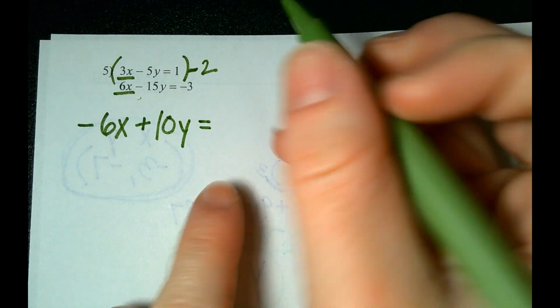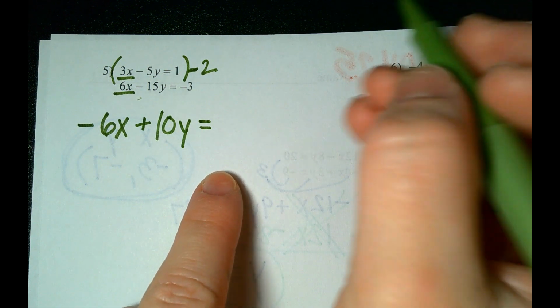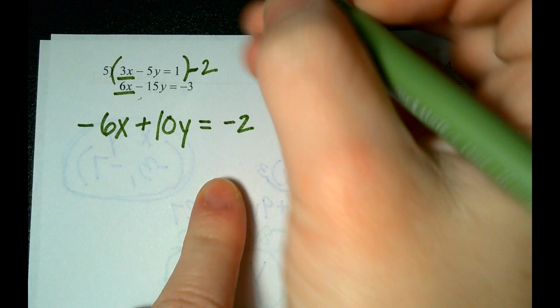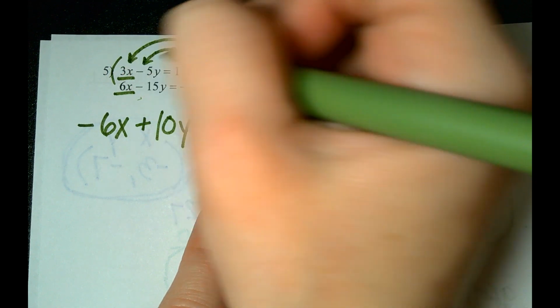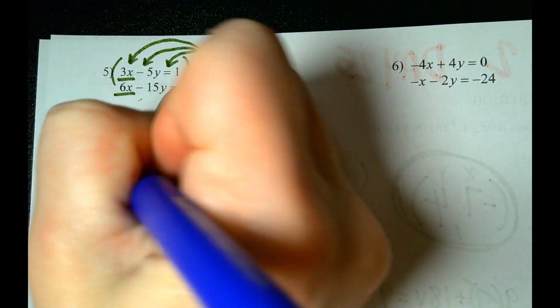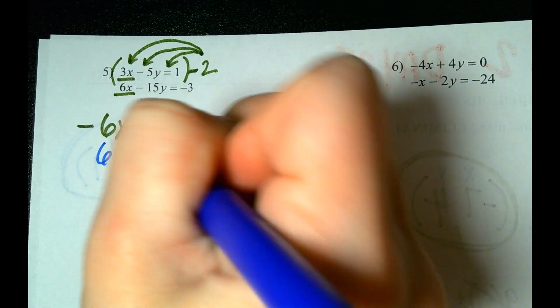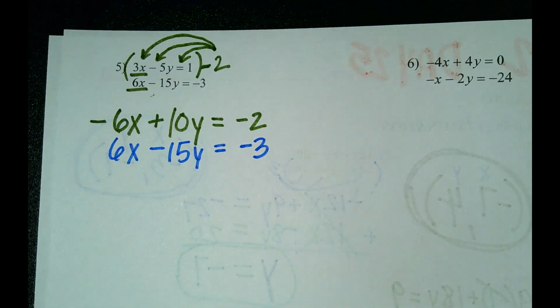Bring down my equal sign, and now I have 1 times negative 2. Negative 2. So we distributed that negative 2 to all 3 terms. And now I'm just going to rewrite that second equation. I have positive 6x minus 15y equals negative 3.